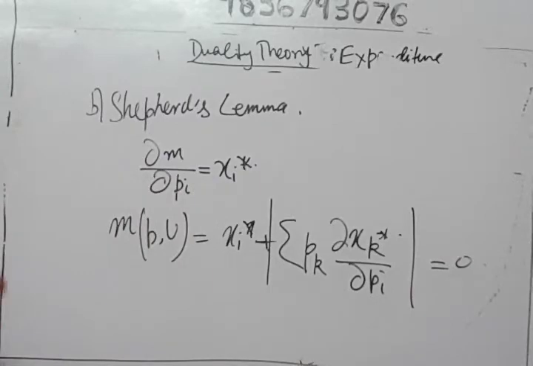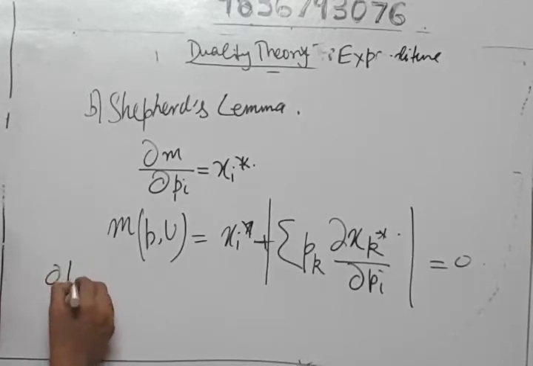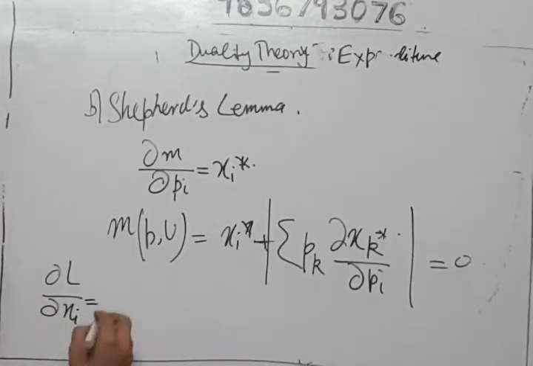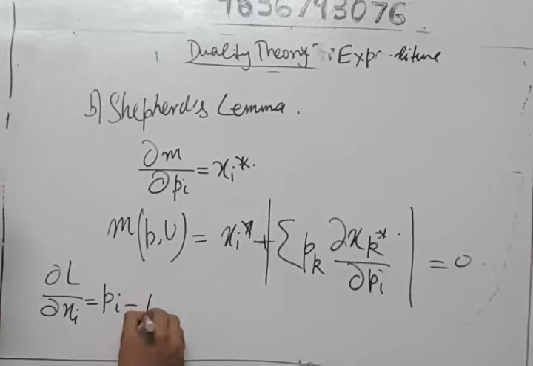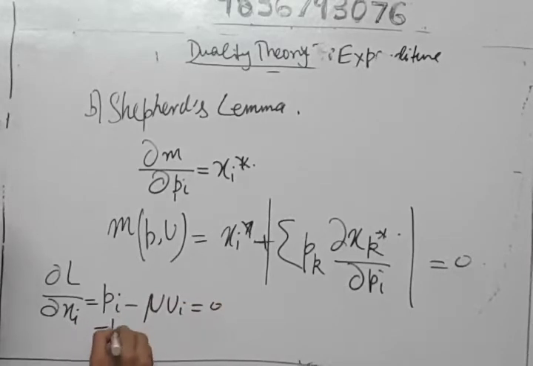So how are we getting this part equal to 0? When we are doing the optimization for the cost minimization problem, one of the first order conditions is del L of del xi equal to pi minus mu of ui equal to 0, which means pi is equal to mu of ui.